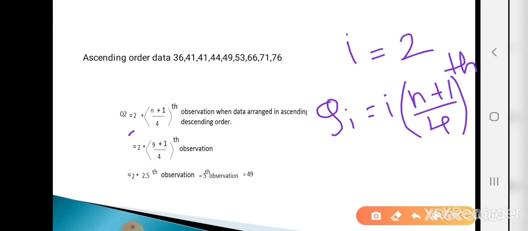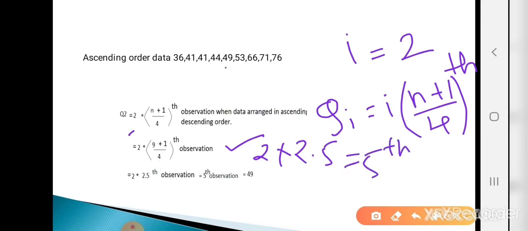Plug in n equal to 9: Q2 is equal to 2 times (9 plus 1) divided by 4th observation. So 9 plus 1 divided by 4 is 2.5, and 2 into 2.5 is the 5th observation. Which one is the 5th observation? The 5th observation value is 49. So our Q2 value is 49.